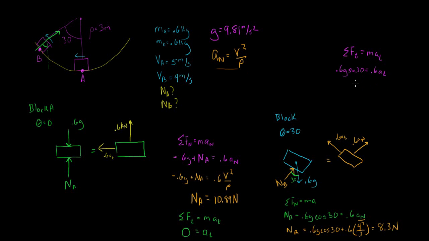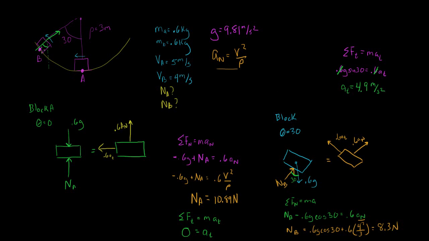So both of these equations have a 0.6 in them, so they cancel out. And we have the tangential acceleration is equal to 4.9 meters per second squared.